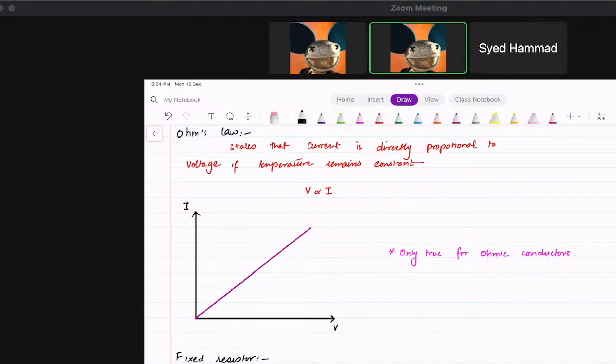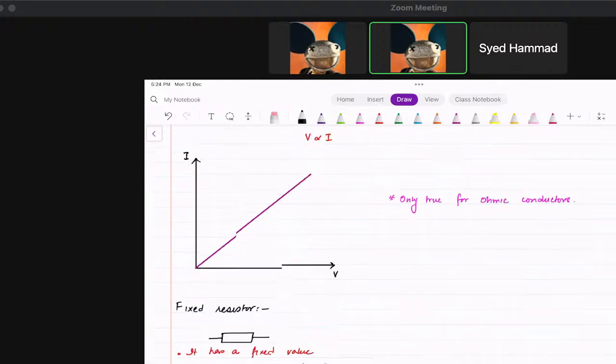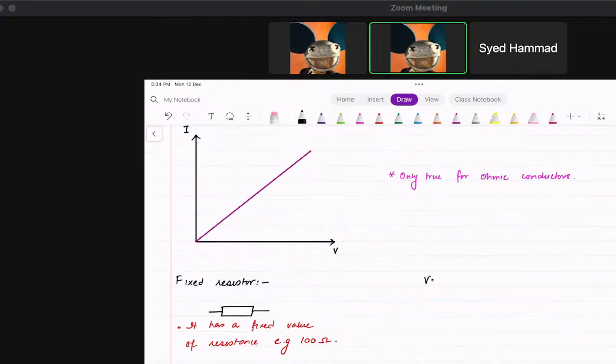Then basically comes the variable resistor. So at a particular value, a variable resistor also follows Ohm's law.